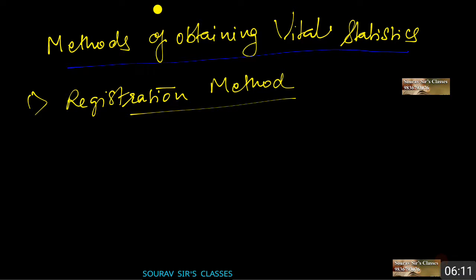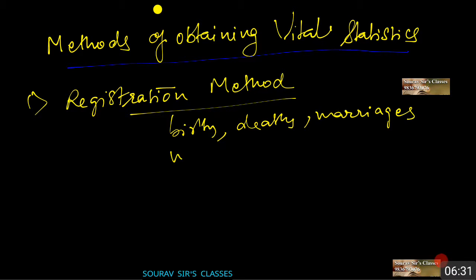The most important source of obtaining vital statistics data is the registration method, which consists in continuous and permanent recording of vital events pertaining to births, deaths, marriages, migration, etc. These data, in addition to their statistical utility, also have value as legal documents.